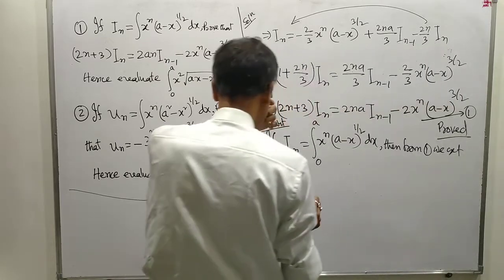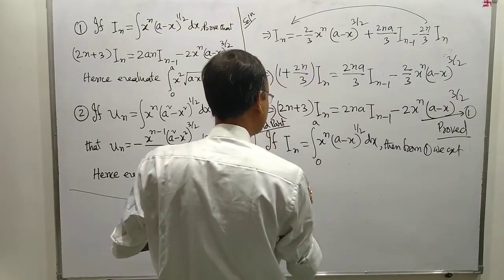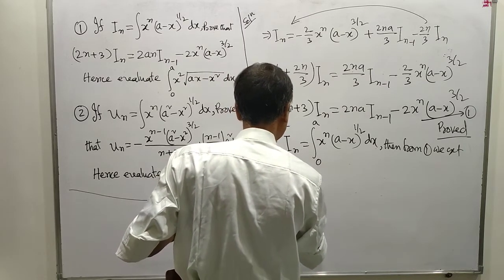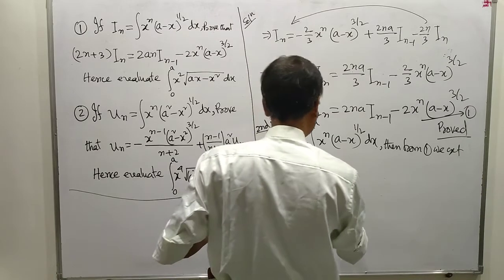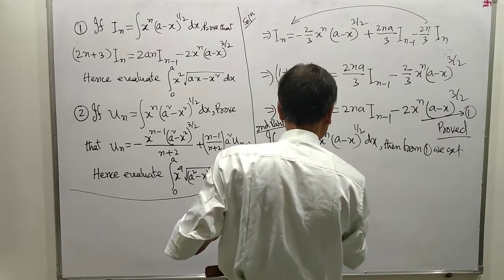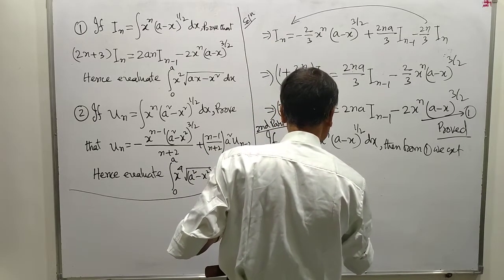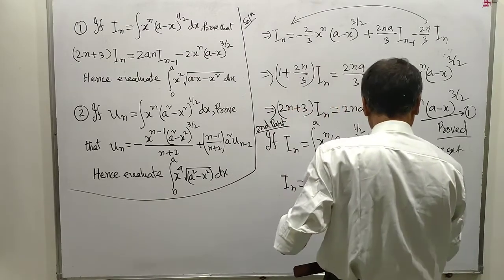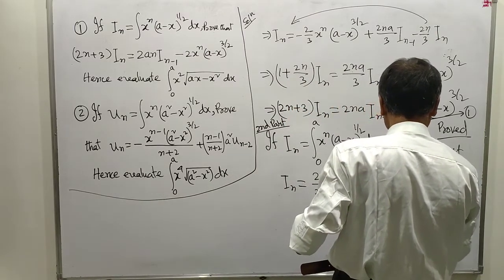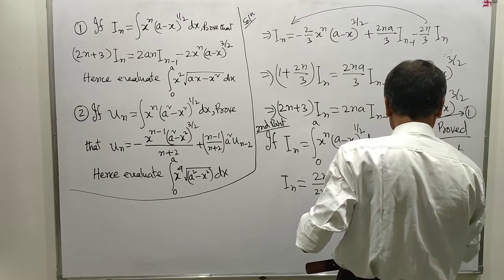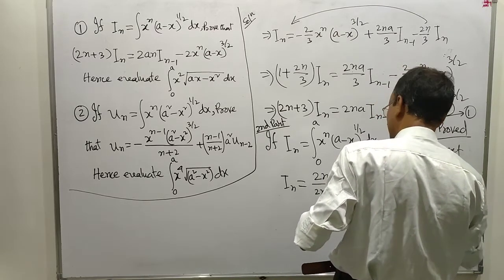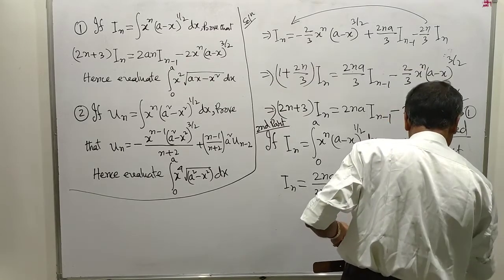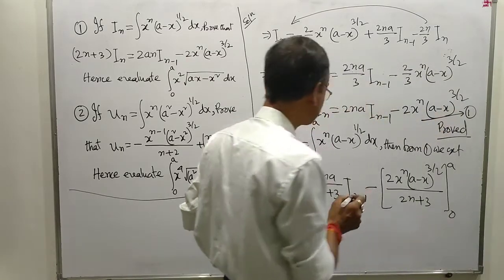What will we get? You will get I_n equal to twice n a by (twice n plus 3) I_{n-1} minus twice x to the power n (a minus x) whole to the power 3 by 2 divided by twice n plus 3, from 0 to a.